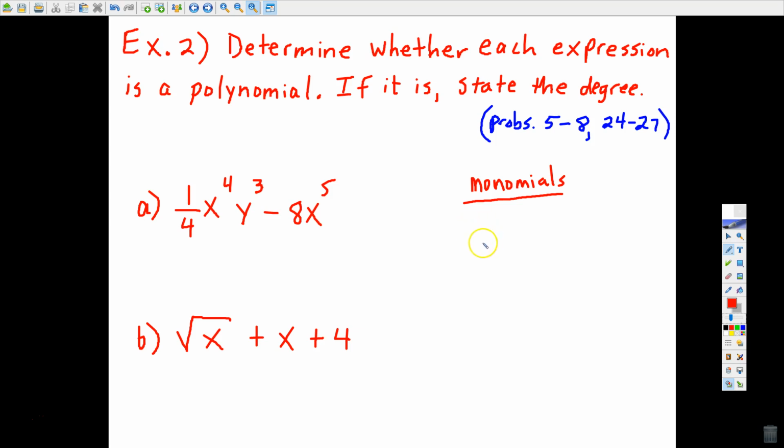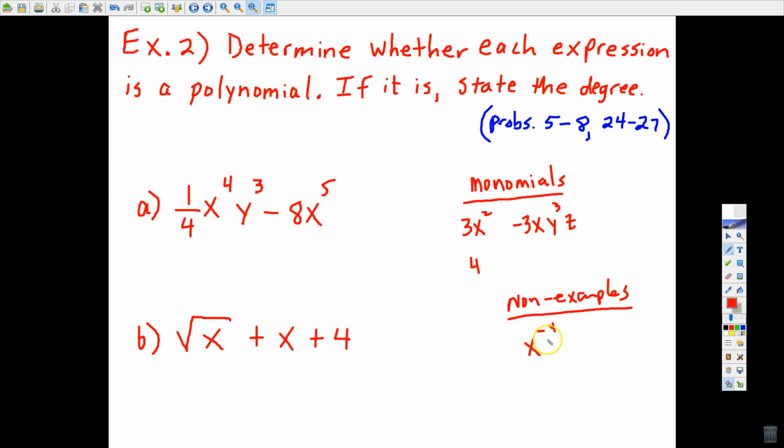Let me give you some examples and then some non-examples. Here's a good example of a monomial. It could be just a constant, or it could be the combination of a constant and several variables, all being multiplied together. Here are some non-examples. Remember I told you that to be a monomial, it can't have a negative exponent.